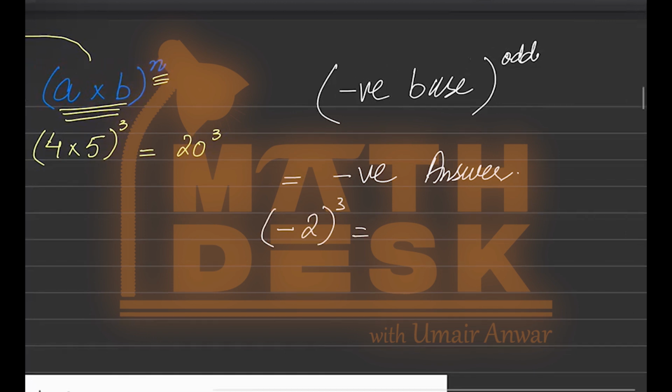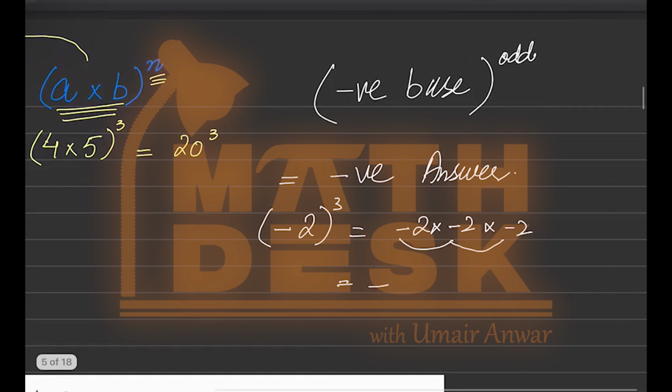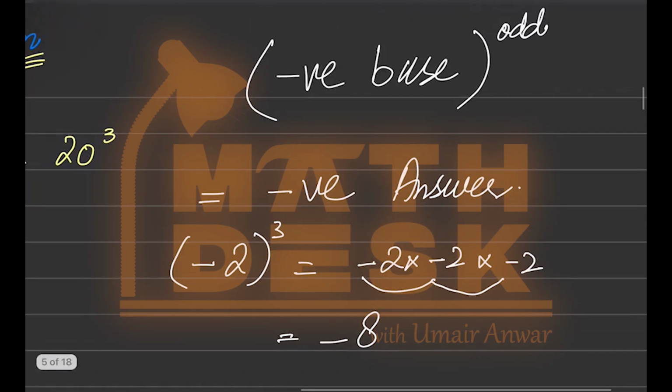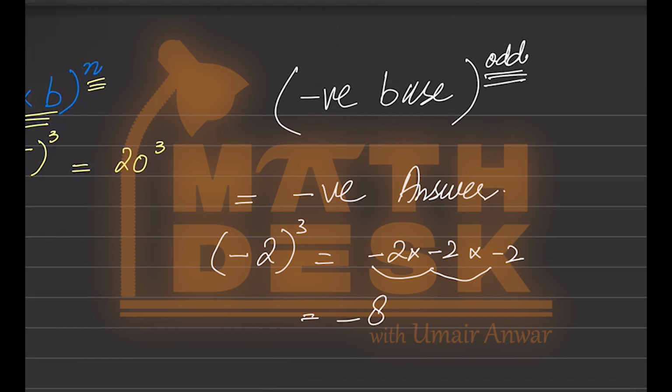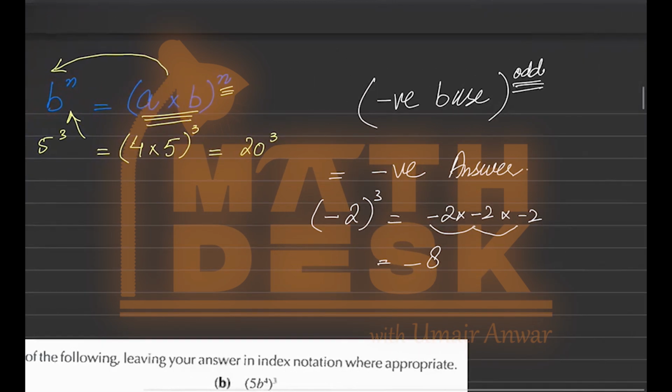Since there is a negative base over here and the power is an odd number, if we try to expand it, it would mean minus 2 into minus 2 into minus 2. Minus minus plus, plus minus minus. And 2 into 2 into 2 would become 8, so the answer is minus 8. So instead of expanding all the factors, we could remember this rule: whenever there is a negative base with an odd power, the answer is always going to be a negative quantity.